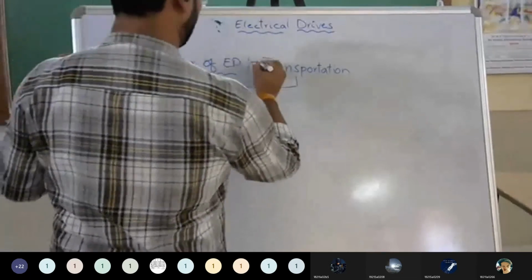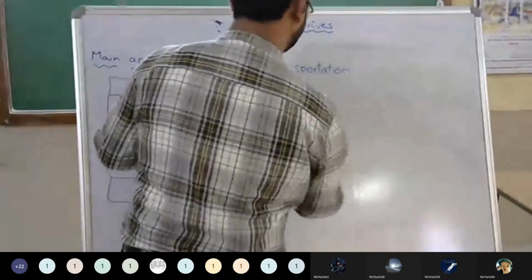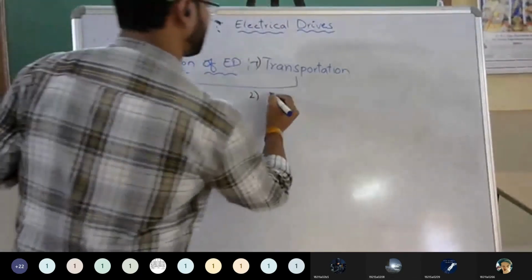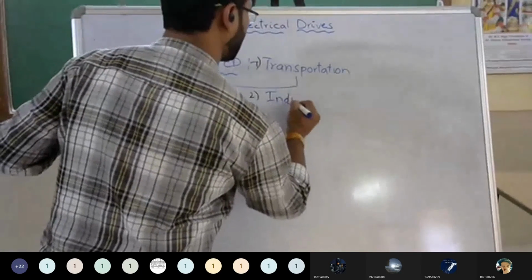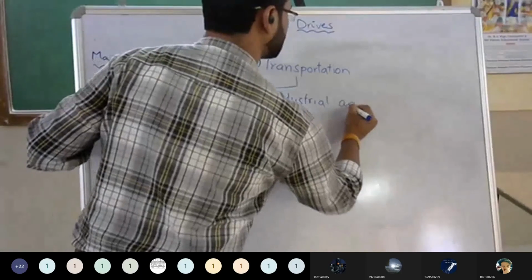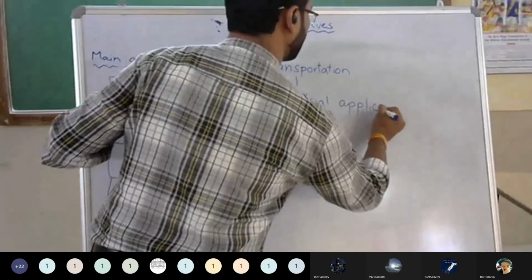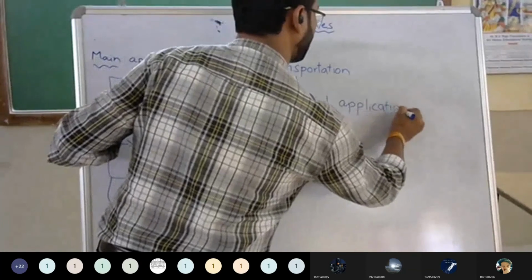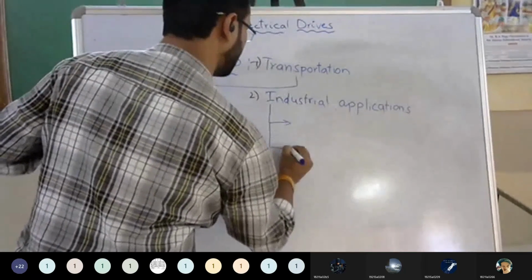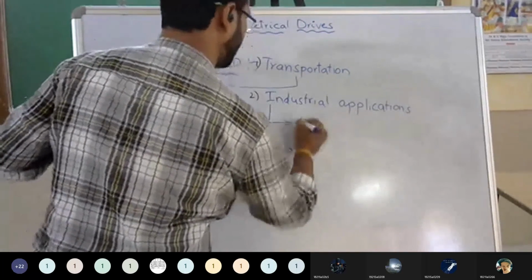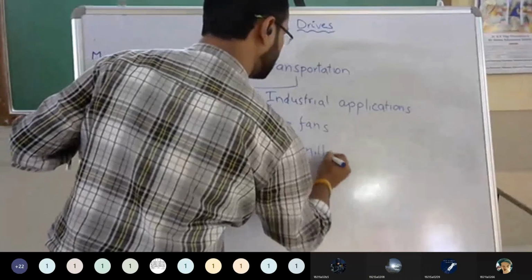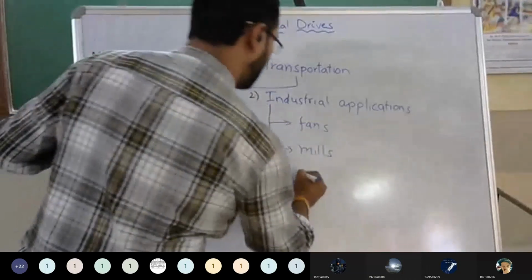This is the first one, and another one is industrial applications. What are the industrial applications with electrical drives? Fans, mills, like textile mills and everything, and pumps.